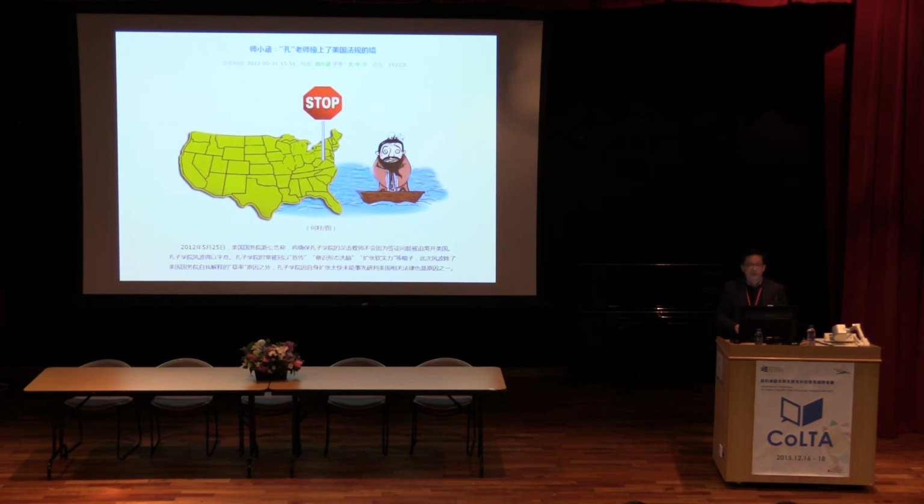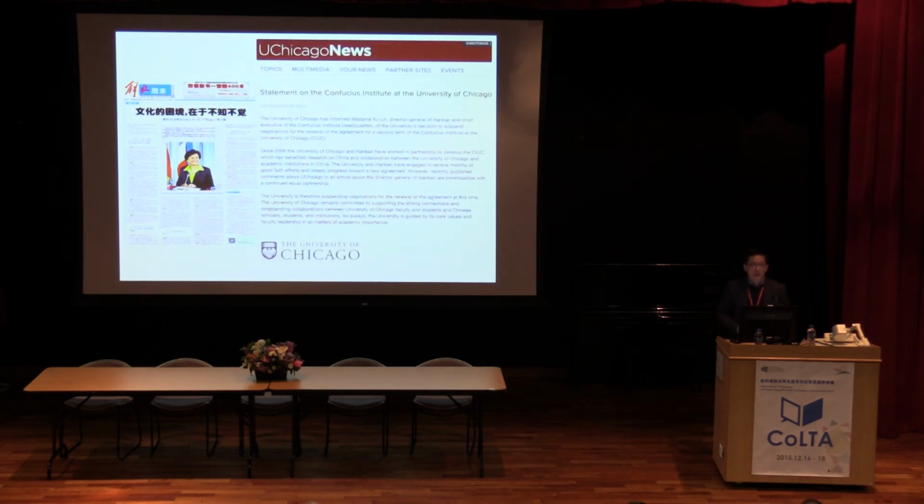fear, even. And at the university level, a lot of college campuses are talking about the state of the Confucius Institutes on campus. One of the most well-known incidents was with regard to the University of Chicago, when they started to talk about renewing the contract for the Confucius Institute.